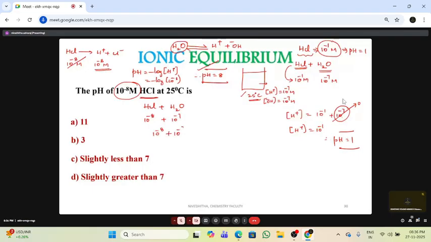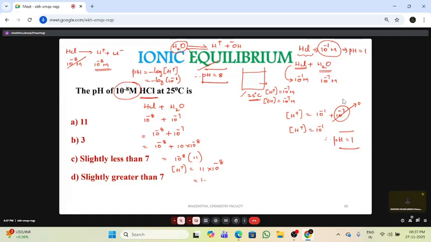Here you shouldn't neglect the H plus ion from water. If you add both values, first we have to convert 10 power minus 7 to 10 into 10 power minus 8. So we can take 10 power minus 8 as common. 1 plus 10 is 11. So the H plus ion concentration is 11 into 10 power minus 8, or I can write it as 1.1 into 10 power minus 7.